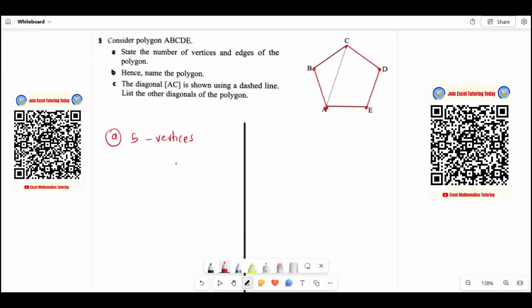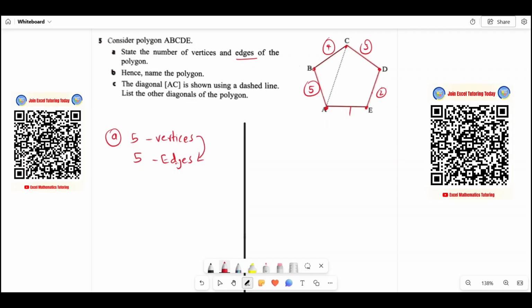And they are asking one more thing, how many edges for this polygon? So 1, 2, 3, 4, and 5 edges. So the basic logic is, if a polygon has 5 vertices, then automatically it will have 5 edges.